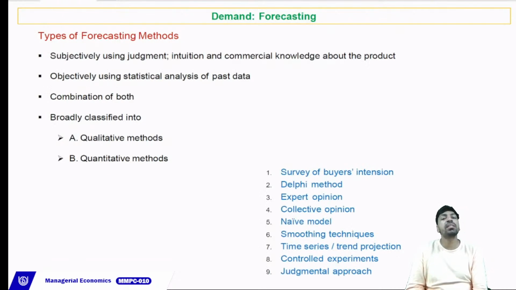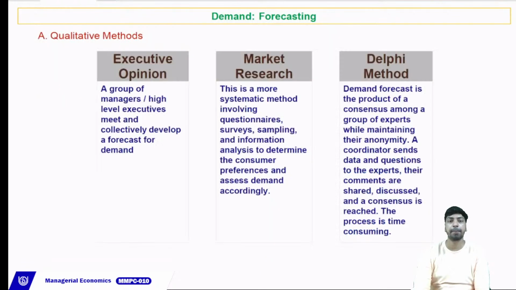Types of forecasting methods: these are statistical or mathematical methods, we can say qualitative and quantitative methods. The methods are survey of buyer intention, Delphi method, expert opinion, collective opinion, naive models, smoothing techniques, time series, trend projection, controlled experiment, and the judgmental approach.